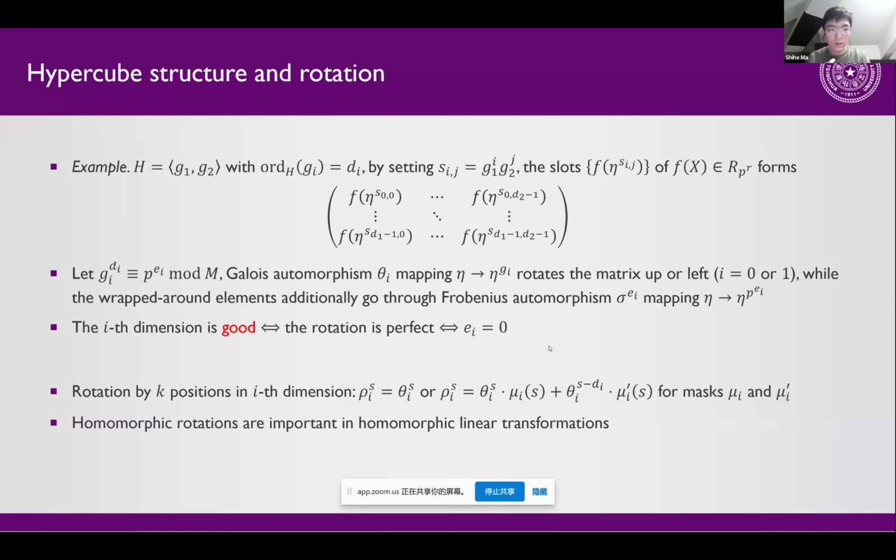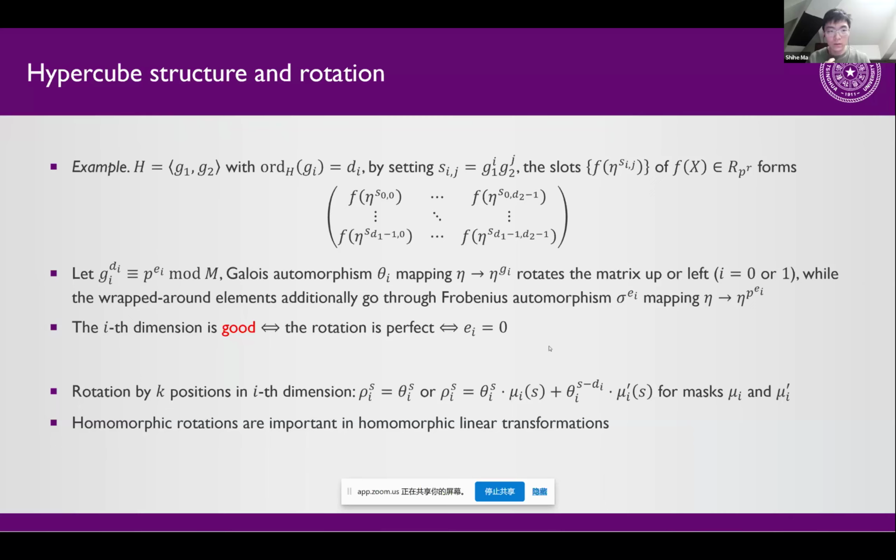And the structure of the quotient group H will decide the plaintext space as a so-called hypercube structure. Suppose we have 2 generators in group H, and we can represent the plaintext space as a 2-dimensional array. Using the Galois automorphisms, we can rotate the elements in this array either vertically or horizontally with an arbitrary offset.